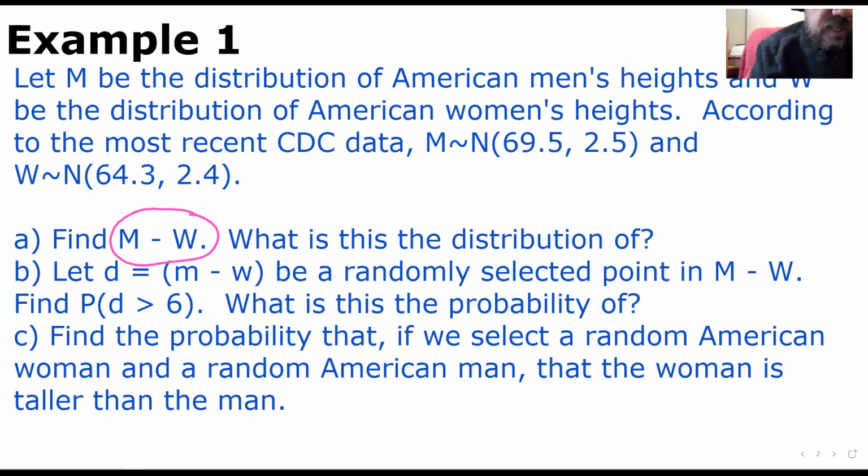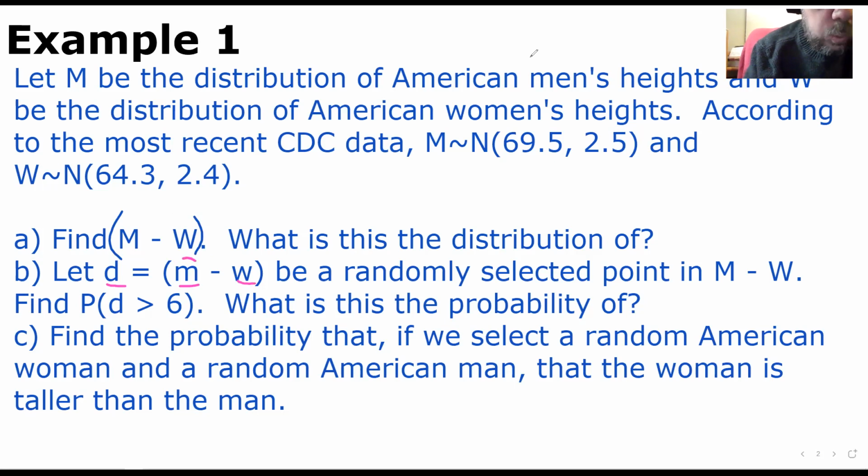I probably should have written it like this, because I want you to think of that as one thing. It's one distribution with a lot of things in it, but it's just one distribution. So this guy right here, D equals m minus w, this is little d, standing for difference, and then little m and little w.